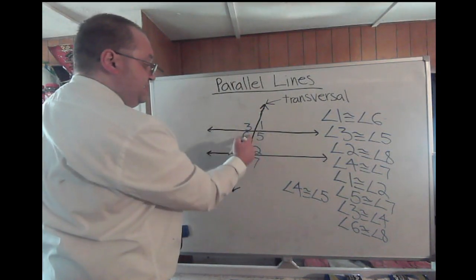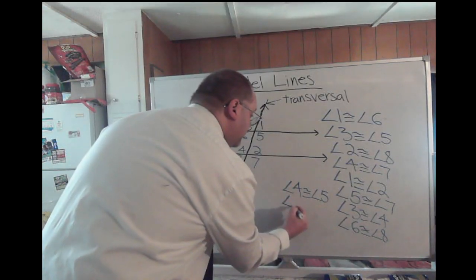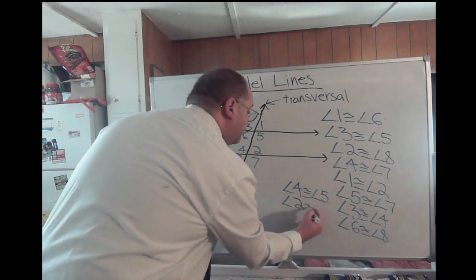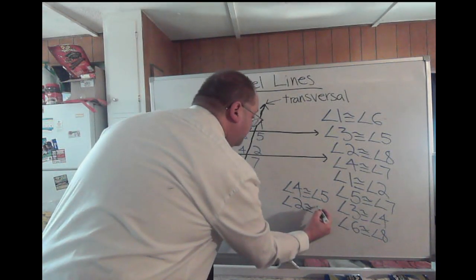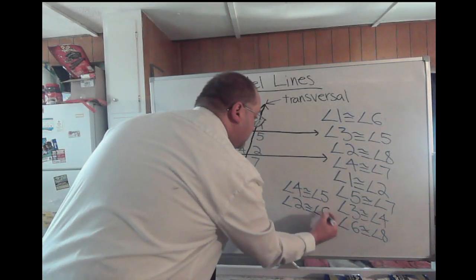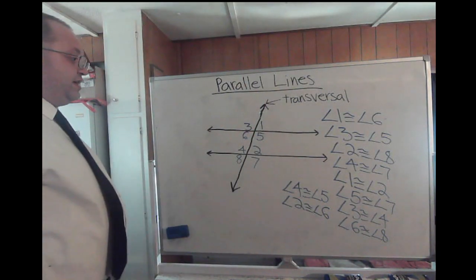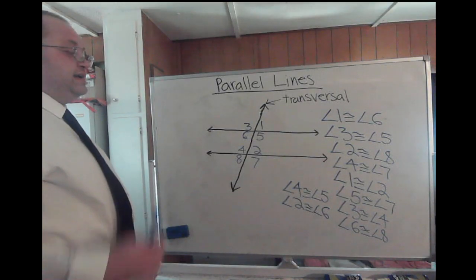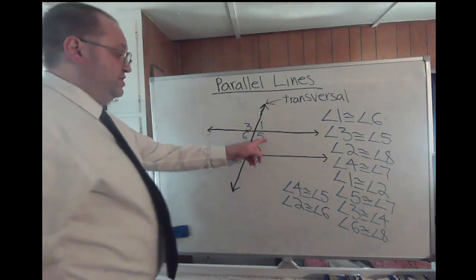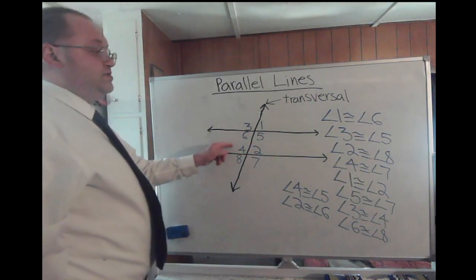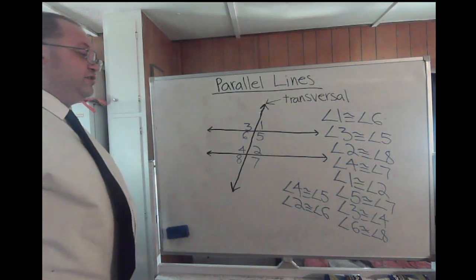And then 2 and 6 are alternate interior angles. Angle 2 would be congruent to angle 6. And I think that's all we have for alternate interior angles. Now, same side interior angles such as 2 and 5 and 4 and 6, those are supplementary, so they're definitely not congruent. So we're not going to deal with those.